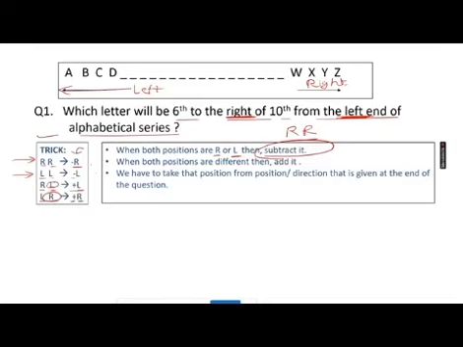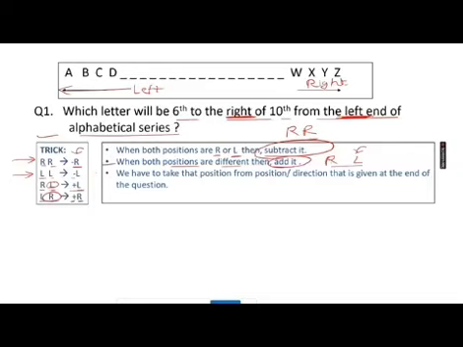And the second point, when both the positions are different, meaning if one position is given according to the right direction and the other position is given according to the left direction, in that case you have to add the values, and the final direction will be according to the last direction given to you.